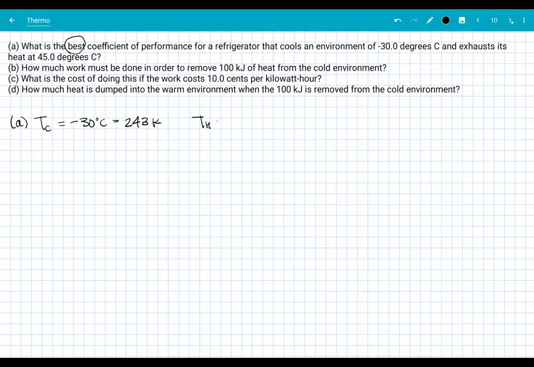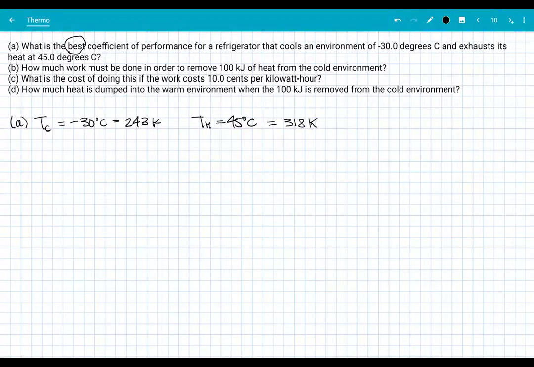My hot temperature is given as 45 degrees Celsius. Remember, if you put your hand near where the refrigerator exhaust is, it feels pretty warm. That's the temperature they're talking about, and in kelvins that is 318.